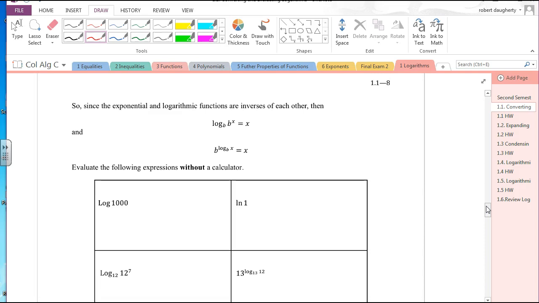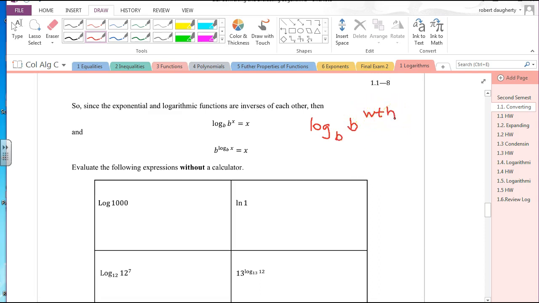So that means wherever you start, you're going to end up. So if I have the log base b of b to the x, I'm going to end up with x. I end up where I started. You start with an x. If you have an exponential, that's going to take you somewhere, but the log is going to bring you right back.